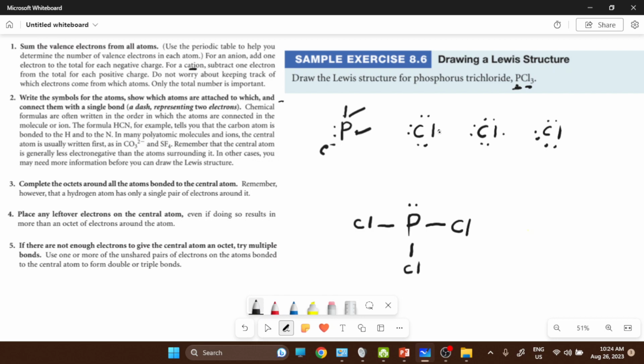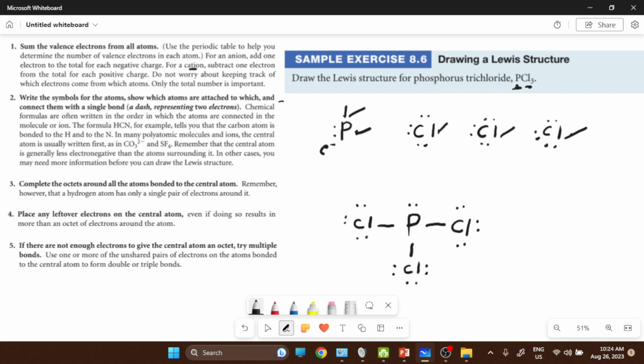Yung isang electron dito ay naipag-bond, isang electron dito ay naipag-bond, at yung isang electron din dito ay naipag-bond. So, ilan yung natira for each of them? There are 6 Lewis dots for each chlorine atom. Okay.